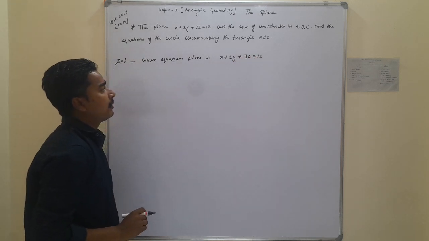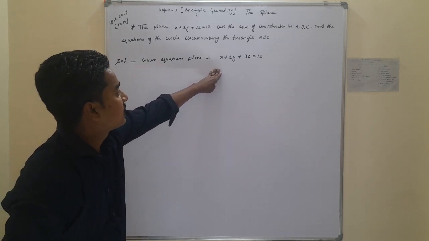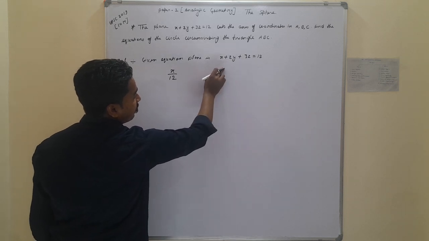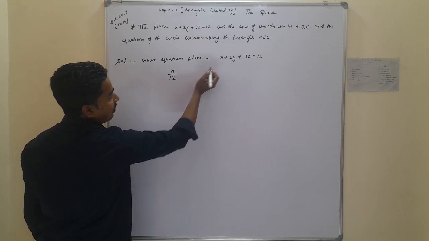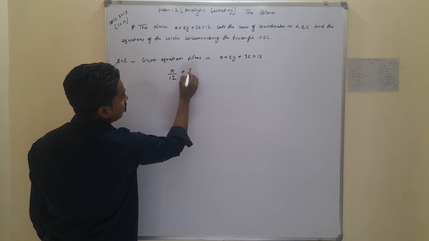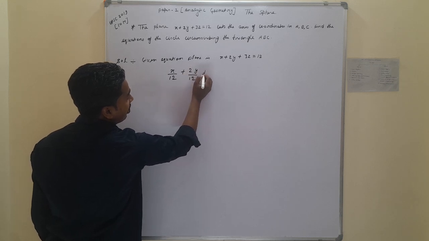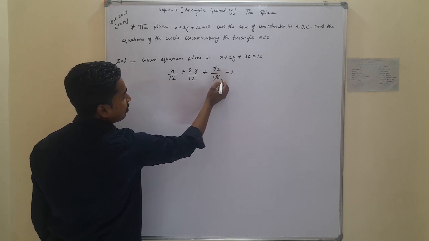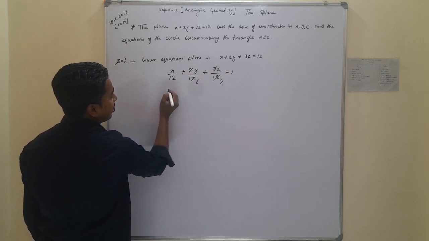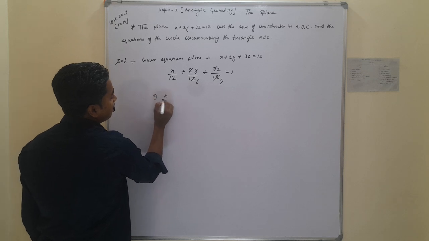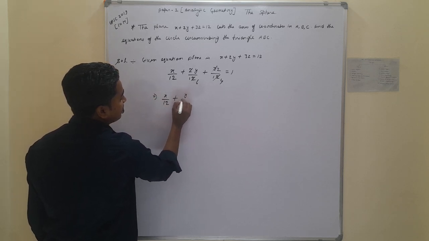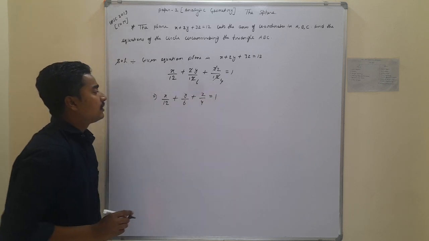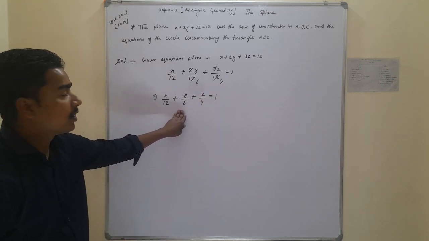First we have to convert the given plane into intercept form, taking 12 in the denominator for x, y and z: x/12 + 2y/12 + 3z/12 = 1. Cancelling out, 3 times 4 is 12, 2 times 6 is 12, we get x/12 + y/6 + z/4 = 1. This is the intercept form of the equation of the plane.